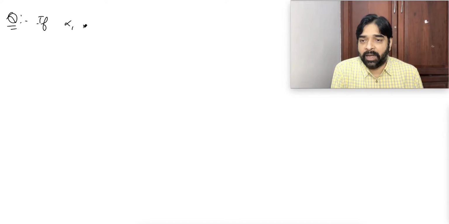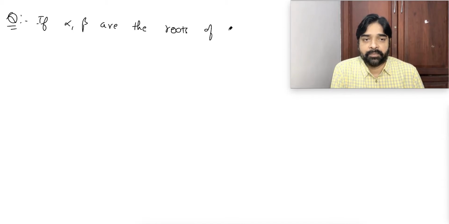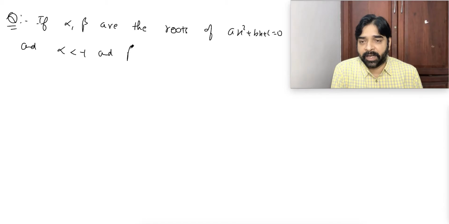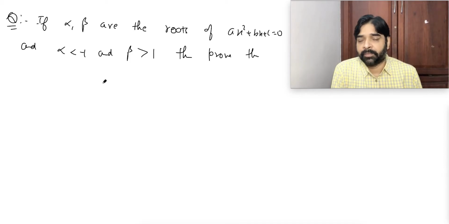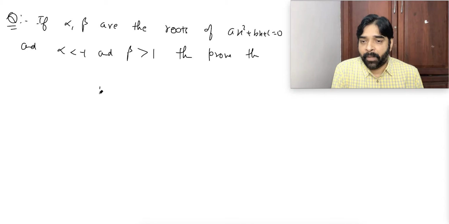If alpha, beta are the roots of ax square plus bx plus c equal to 0 and alpha less than minus 1 and beta greater than 1, then prove that 1 plus mod of b by a plus c by a, I don't remember the exact question, I think less than 0.